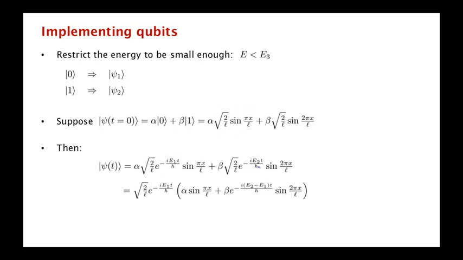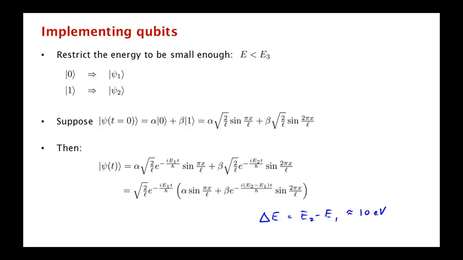And if we factor out this precession due to E1, so we could look at the qubit in a rotating frame, then still you have a relative rotation which is proportional to E2 minus E1. Right? So if we call this delta E, which is E2 minus E1, for the hydrogen atom, this is about 10 electron volts.